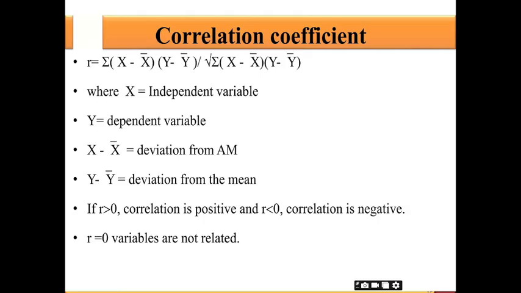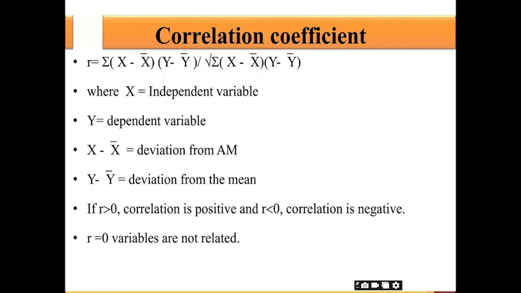Now, we see the formula for the correlation coefficient. It is defined as small r is equal to summation (x minus x bar) into (y minus y bar) divided by the square root of summation (x minus x bar) squared into summation (y minus y bar) squared, where x is the independent variable and y is the dependent variable.